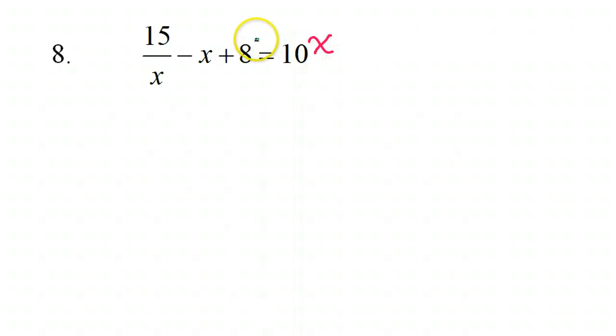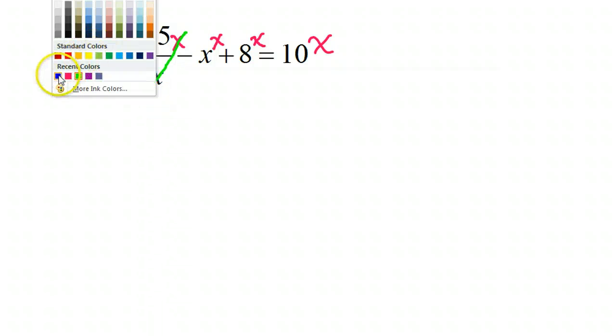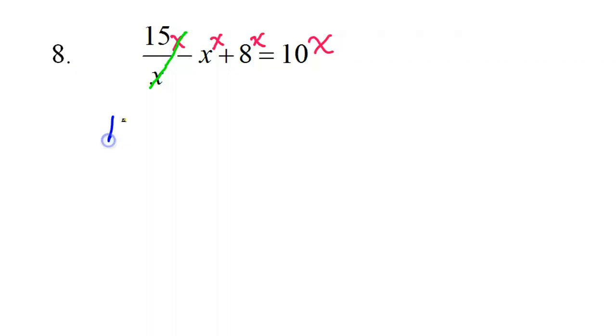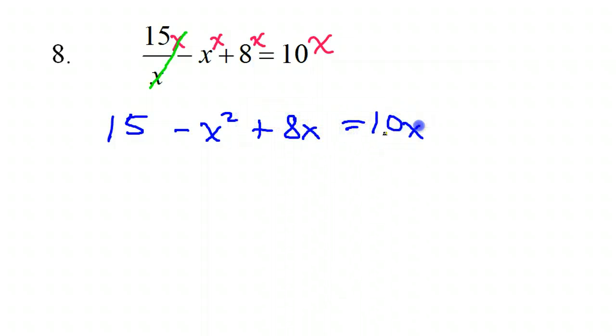So I would multiply by x here, here, here, and here, all 4 places. So if I do that, the only thing that's going to happen is these x's are going to cancel out. So no more denominator. So that'll leave me with 15 minus x squared plus 8x is equal to 10x.